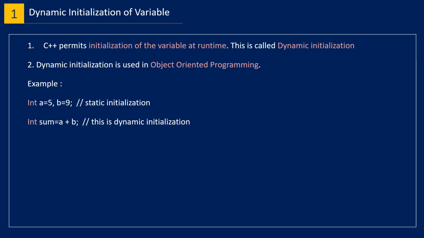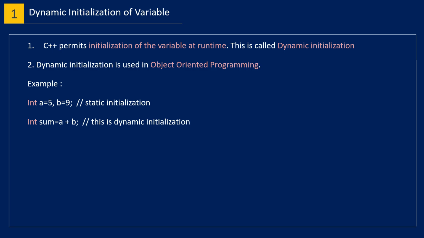The dynamic initialization is used in object oriented programming. You can see the examples below. int a = 5, b = 9. In the example, we have declared variable a and variable b as integer variables, and they are initialized right there. In the second line, you can see int sum = a + b.